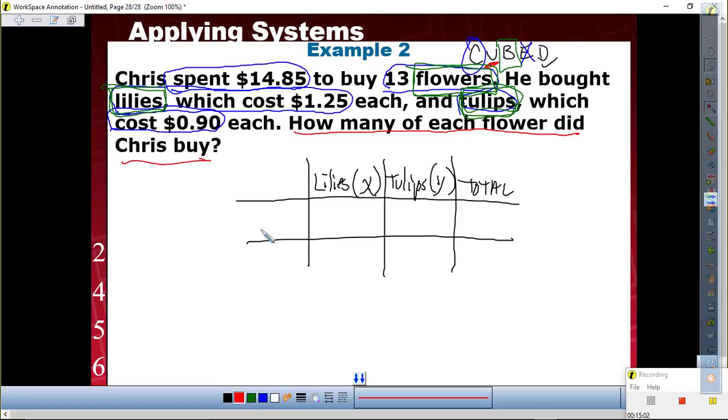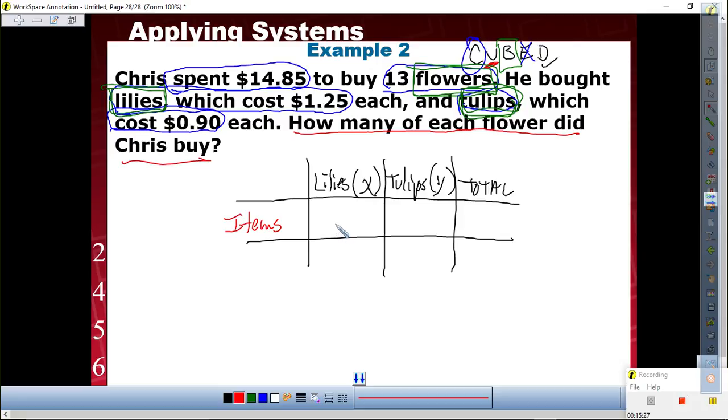Alan, what do I label this next row? Roberto, help him out. What do I label here? Items. So what are we talking about?